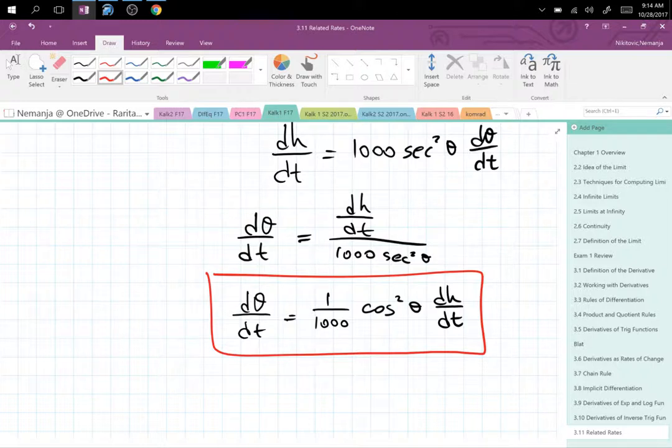And dh dt, you have to constantly input that, scan that data, but we know how fast the rocket is going. That's the information that we have at every point in time. So all of that information fed into the equation tells you the speed at which the camera should rotate. So that's fast omega, and it's slow omega.